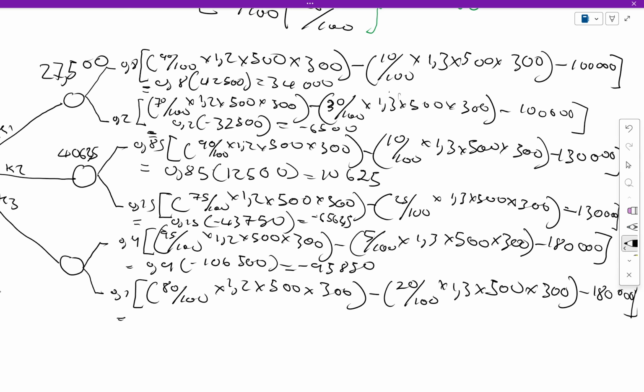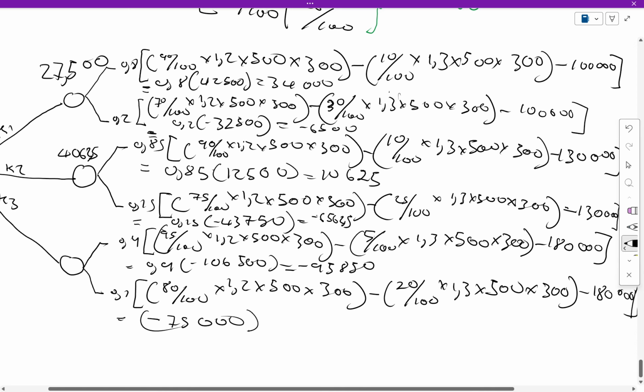And then times 1.3 times 500 times 300. We're getting a nice number here. Okay, minus 180, but it's way below the cost. Negative 75,000, 0.1 times 0.1. This one at least becomes negative 7.5.